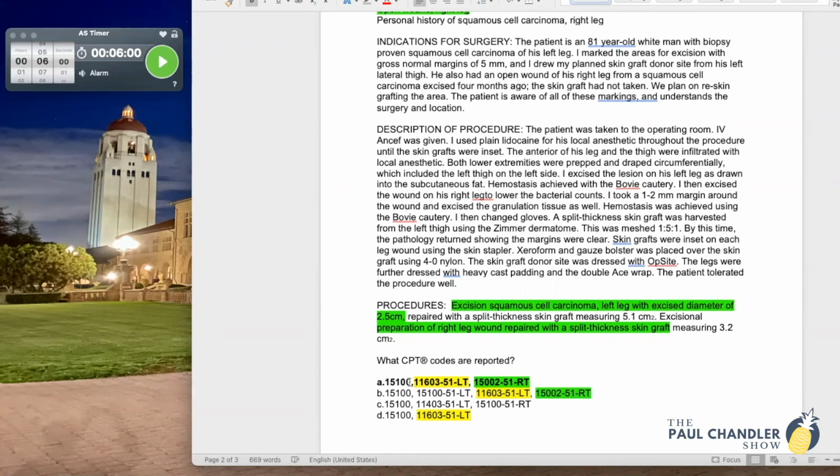So that's why I was liking Alpha and Bravo, because of the 11603 and the 15002. It was in both those options twice. And then why I was really leaning towards Alpha is because Bravo had the 15100 in there twice, and I did not like how that looked. So that's why I started focusing on Alpha to begin with, and that was the right answer.